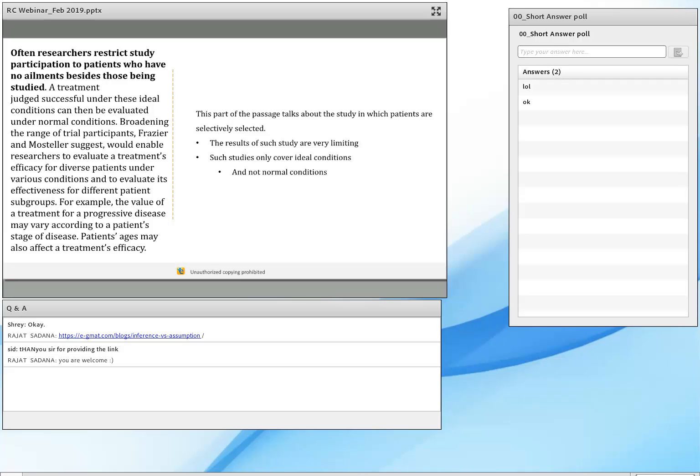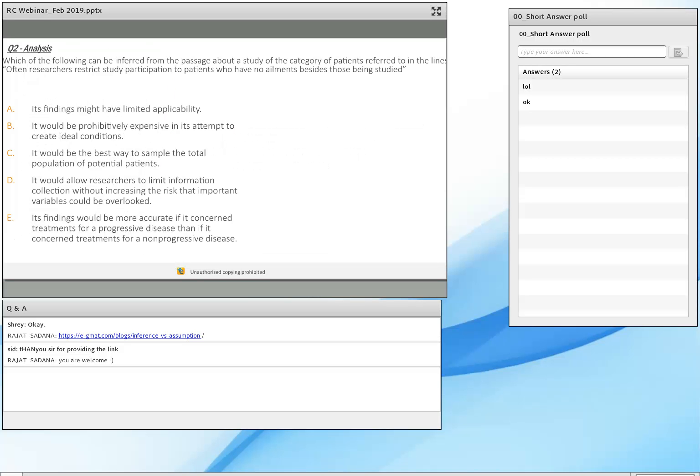How do we know that? Because the author says FNM suggests that if we enroll a broader set of participants, it would tell us the treatment's efficacy for a diverse set of patients. So the results of such a study would be limiting, more idealistic, not as realistic.